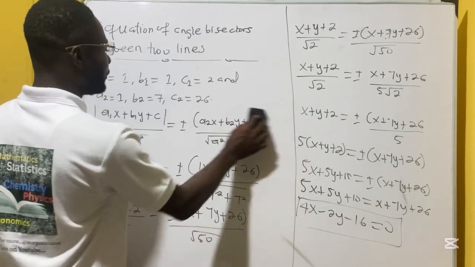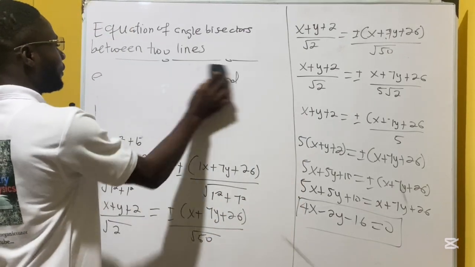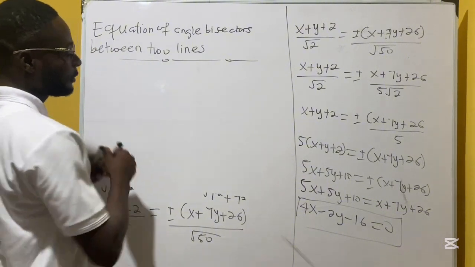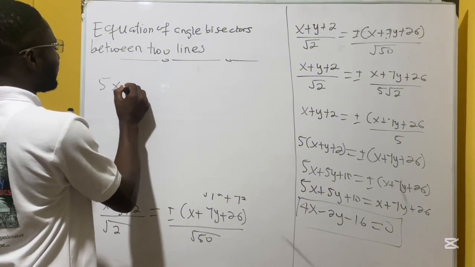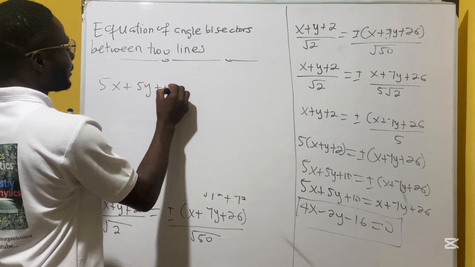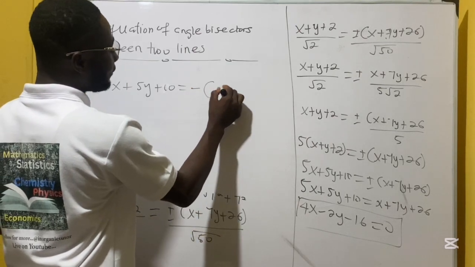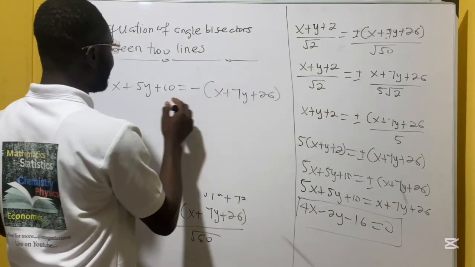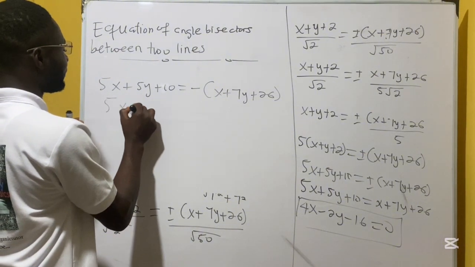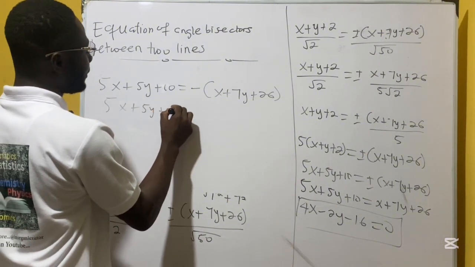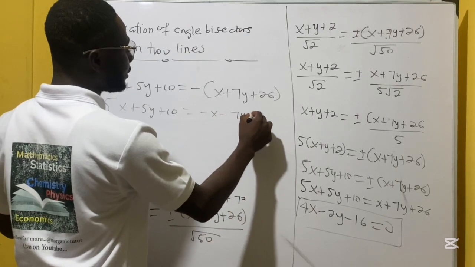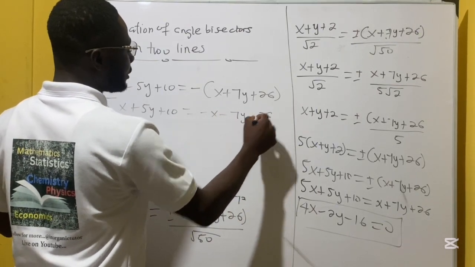Then 5x plus 5y plus 10 equals the negative of x plus 7y plus 26. So we have 5x plus 5y plus 10 equals minus x minus 7y minus 26.